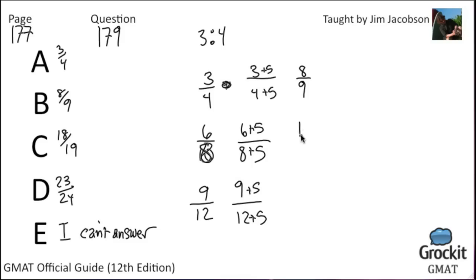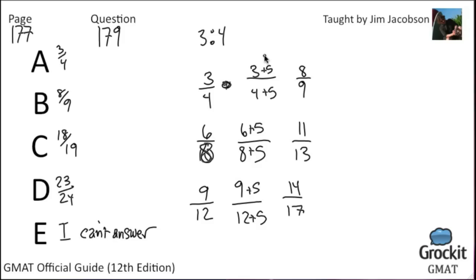So here we get 11/13. Here we get 14/17. And basically, if it isn't clear by now, I'll just outright say, when you have a ratio, adding flat numbers to the elements of the ratio leaves you with a ratio that you have no idea what the new ratio is, because you have definitely changed it.